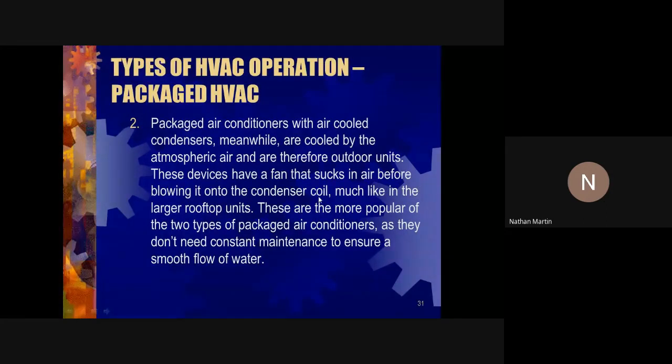Now, in terms of operation, package air conditioners with air-cooled condensers are cooled by atmospheric air and are therefore outdoor units. These are the types they'll use in the tent and so forth. These devices have a fan that sucks in air before blowing it onto the condenser.